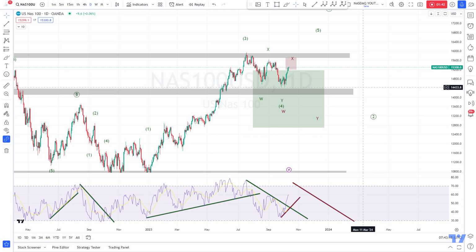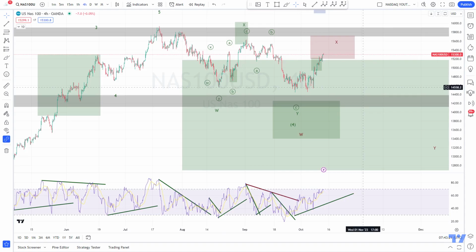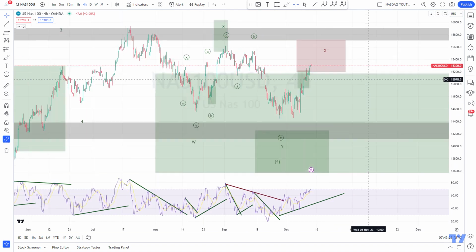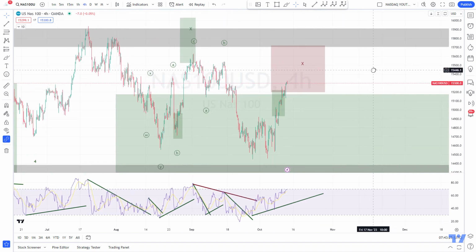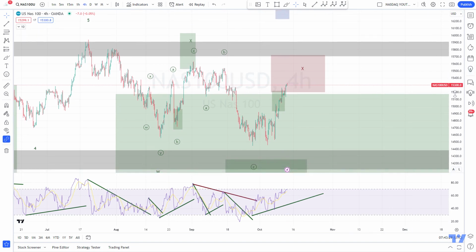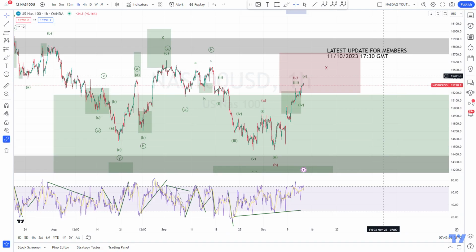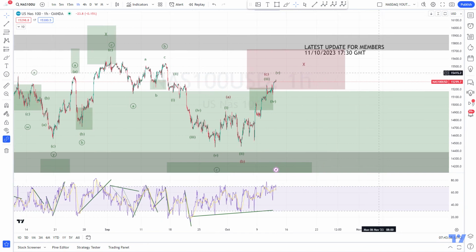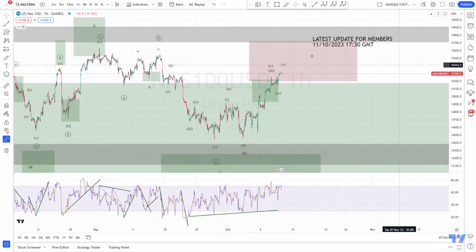And therefore we have to go to the lower time frame. For the moment, the 4-hour is not telling us that much, but I believe here on the 1 hour we start to see interesting things.